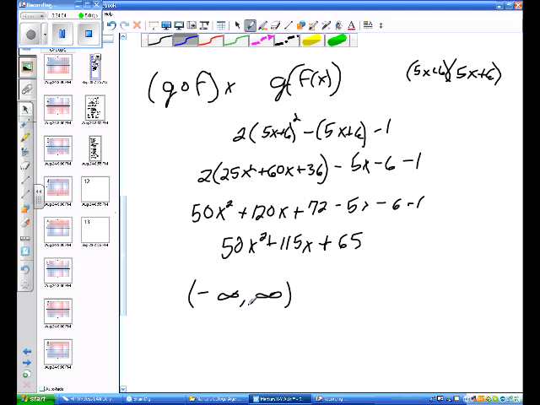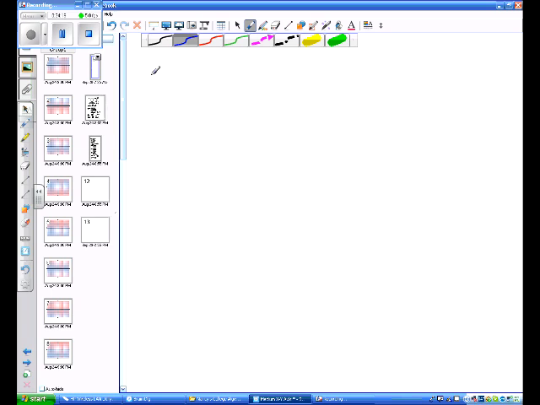All right, let's look at two different functions. Let's say that we have f of x is equal to 4 over x plus 2, and g of x is equal to 1 over x.